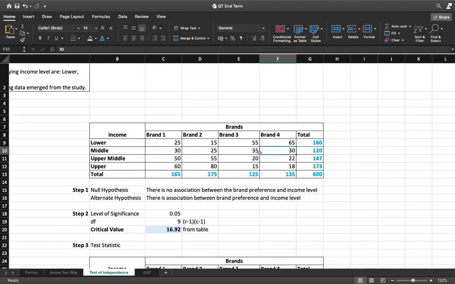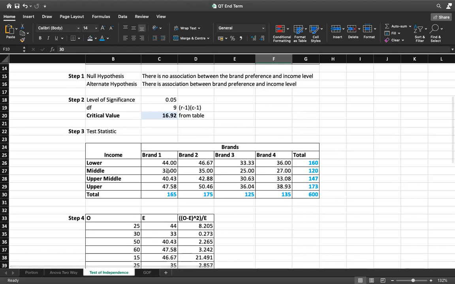Observed values are the ones that were given to you. Your expected values are your row total into your column total, everything divided by your grand total, right? So this is the formula for it.